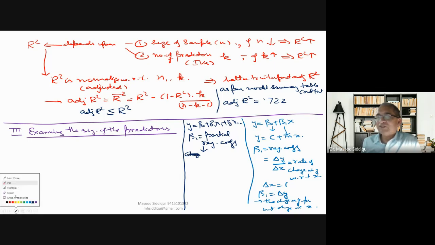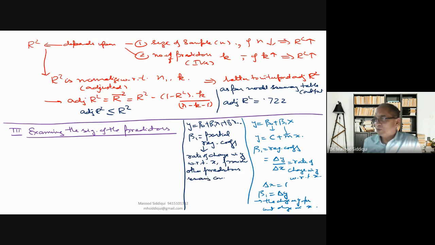Because earlier we had a single variable, so we comment only on x. But here we have more than one variable. So now we interpret this as the rate of change in y with respect to x1 provided other predictors remain constant. That's why this is known as the partial regression coefficient.